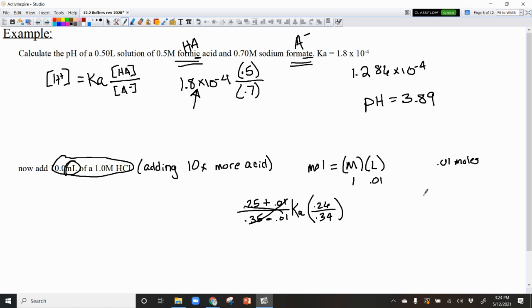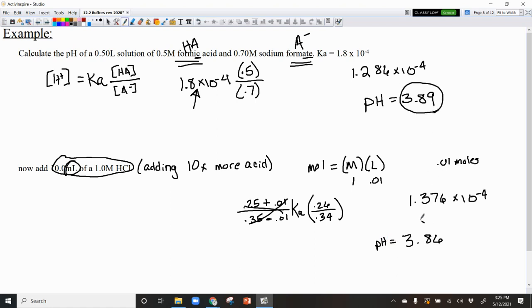So I'm going to get a hydrogen ion concentration of 1.376 times 10 to the negative 4. Now if I take the negative log of that, I have 3.86.